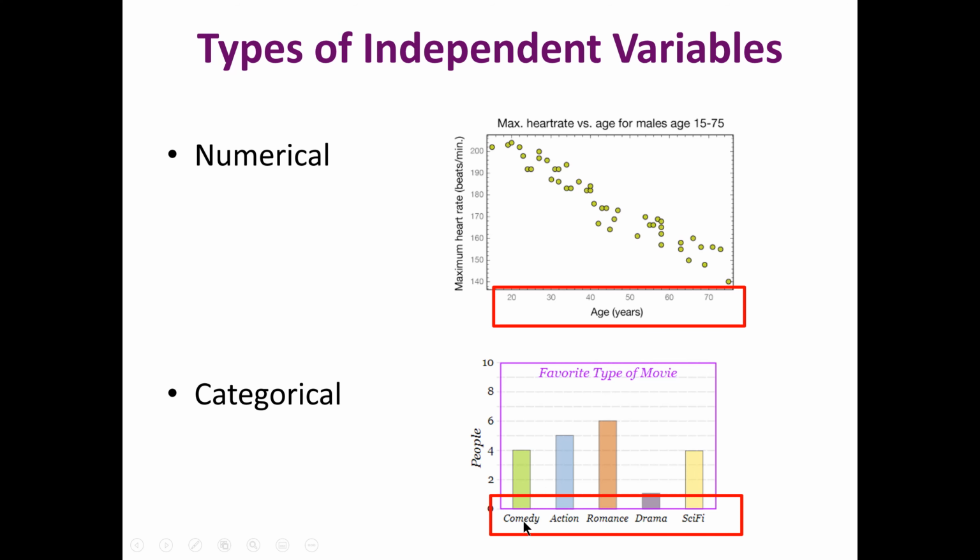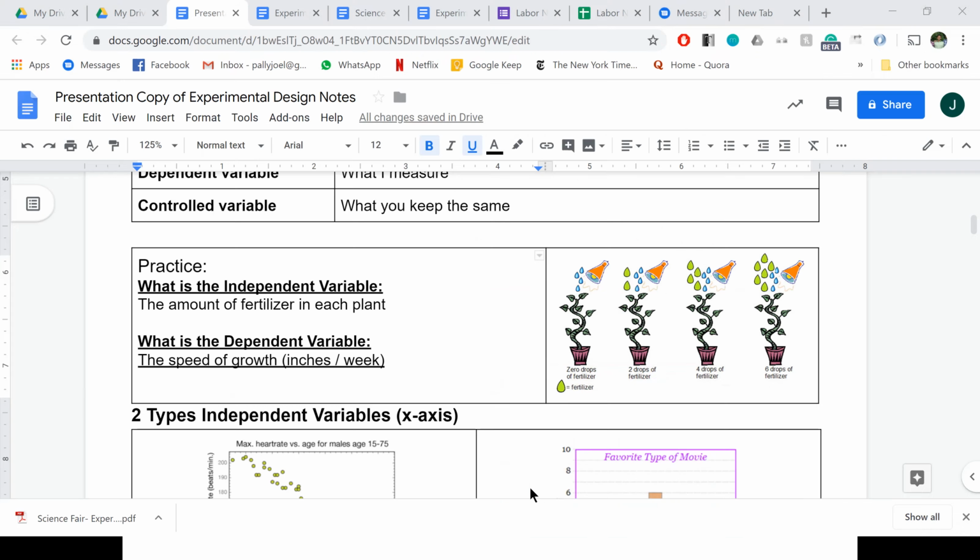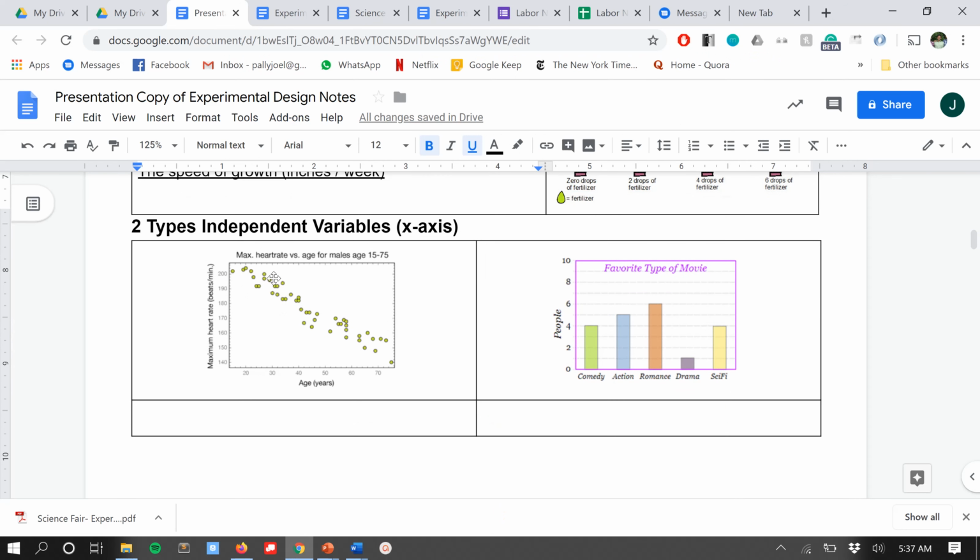So in this situation, you're not changing a number, but you're changing a type or a category. These are usually represented by bar graphs. So we've got two types of independent variables that usually go along the x-axis. First type is numerical. You're changing a number. And the second type is categorical. Changing a category.